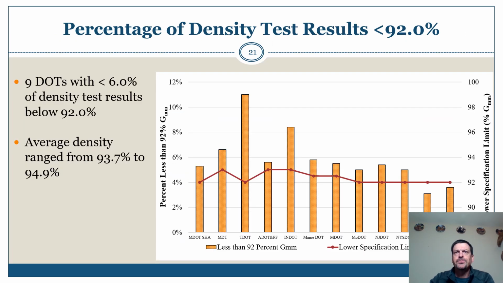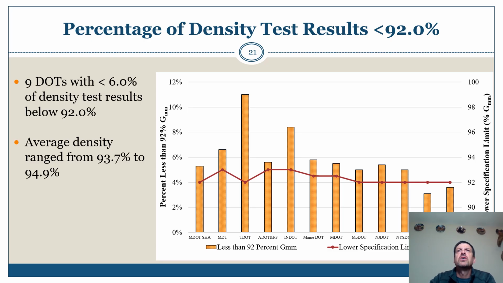This slide shows a couple of things. We've got a lot going on here. On the secondary y-axis, we've got the lower specification limit. So these states had lower specification limits of 92%, these of 92.5, these were at 93, and then back down to 92, 92.5, 93, and then 92.